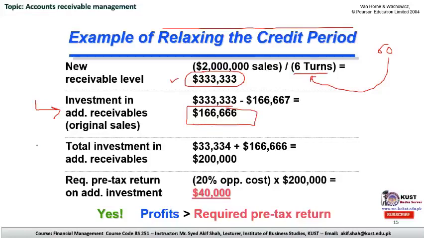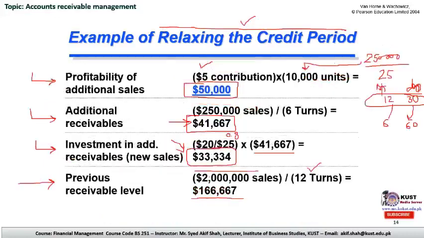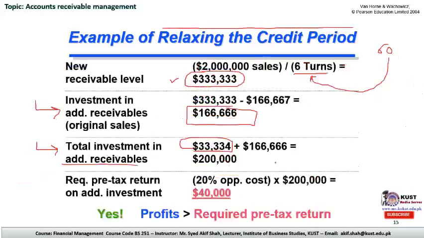The next step is to find out the accumulated total investment in the account receivable. So the total investment in additional account receivable is actually those $33,334 from the previous step. As we have calculated over here, we can see that here are the additional account receivable investment, and then we have this amount as well in our original sale.